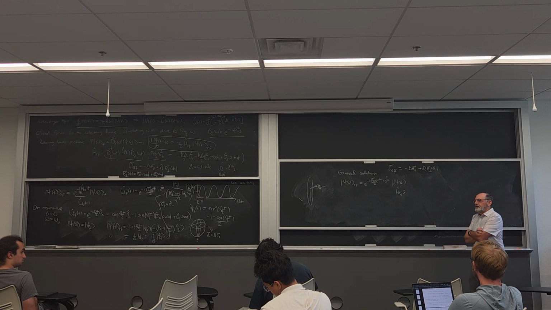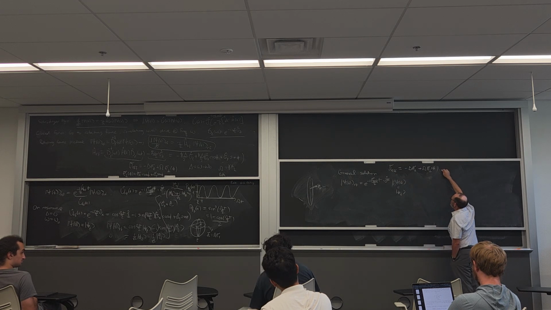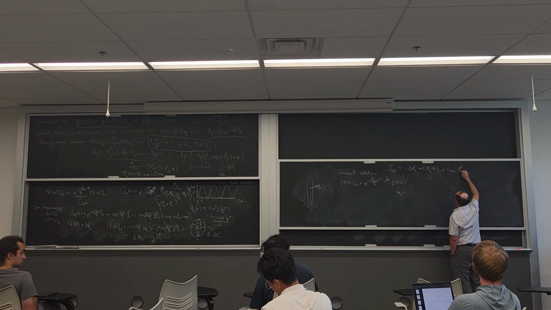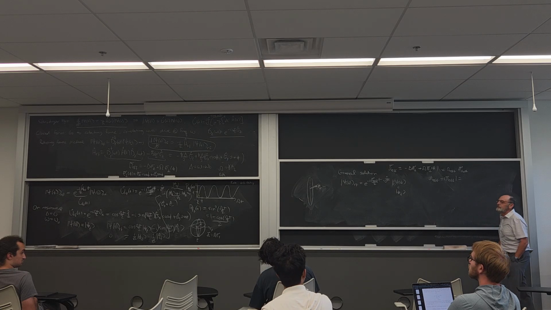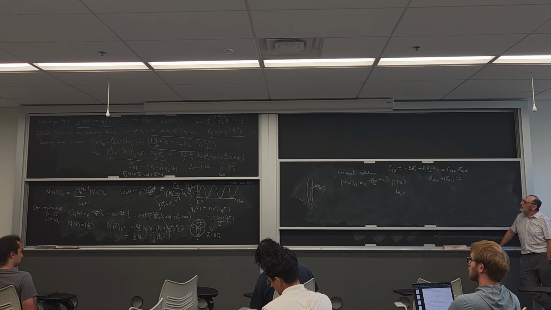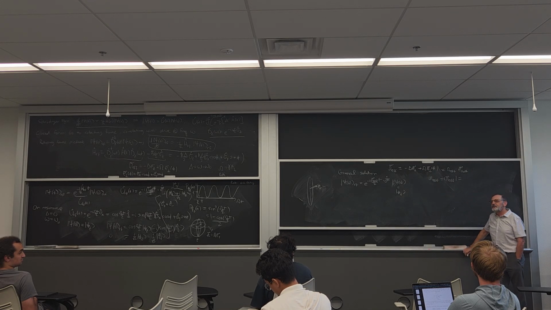How can I do it? Well, I can write this vector as having a magnitude and a direction. The magnitude of this vector is what? Given this. I can't hear, some people are mumbling.